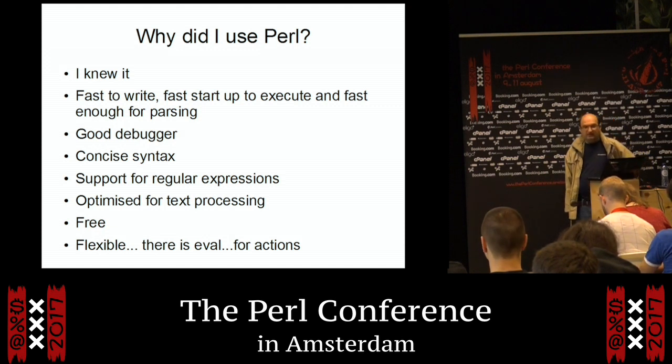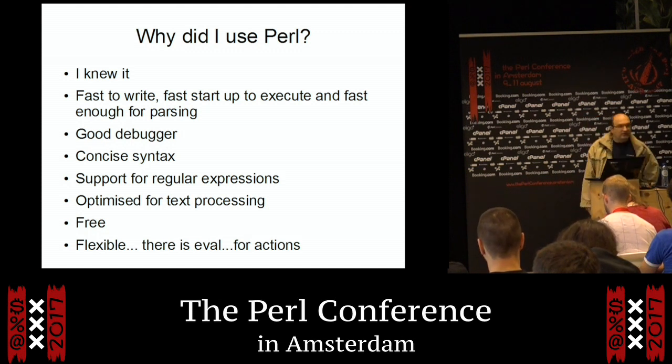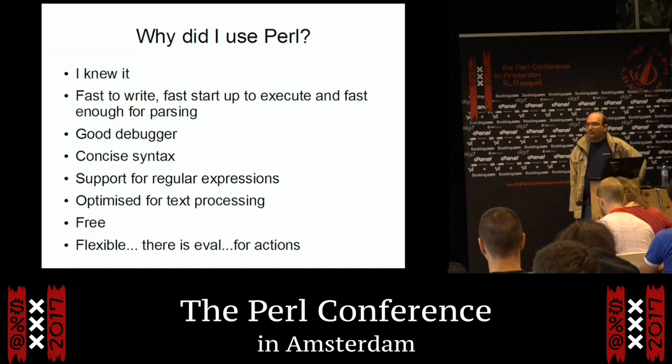It has the eval function, which means I could also have actions in my transformations: whenever a text is transformed, I may want to actually do something in Perl and evaluate a small snippet of code, and Perl allows that.